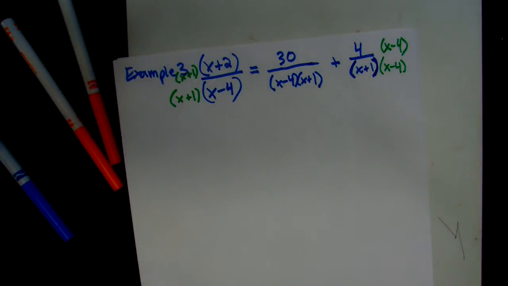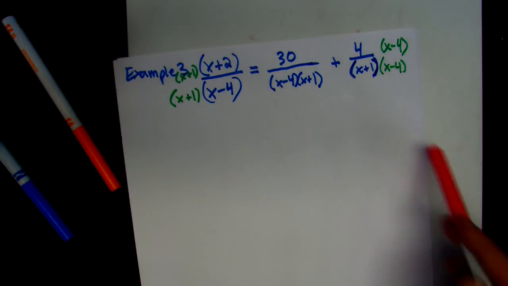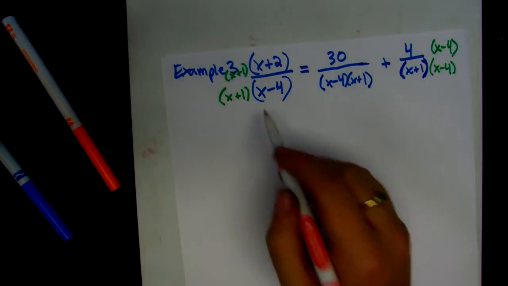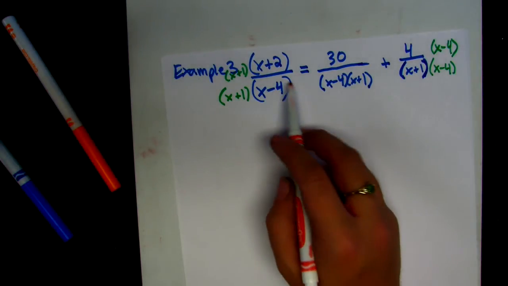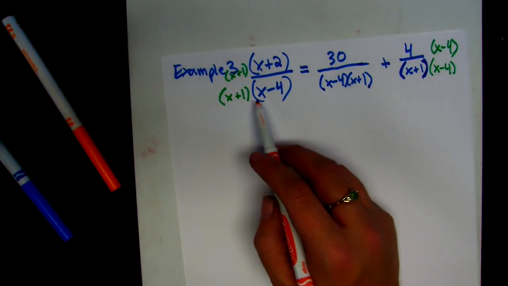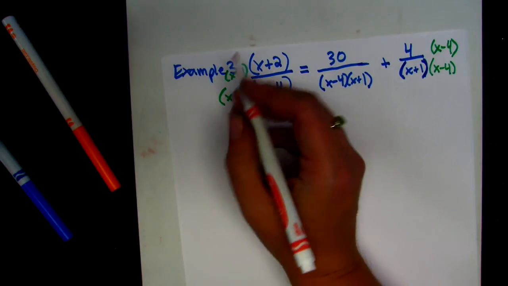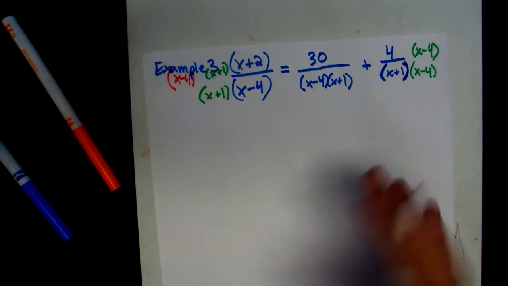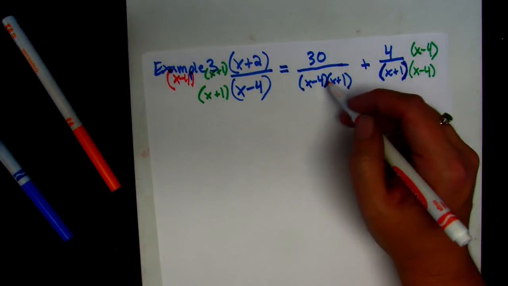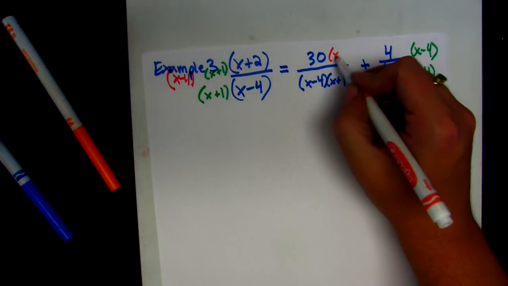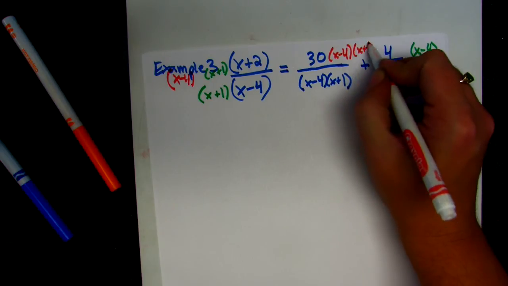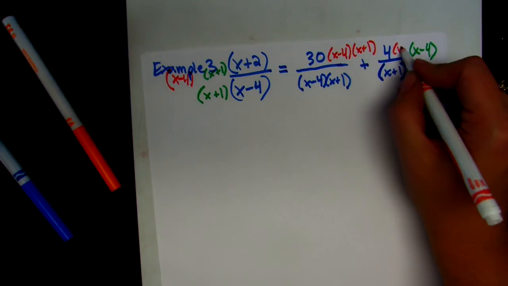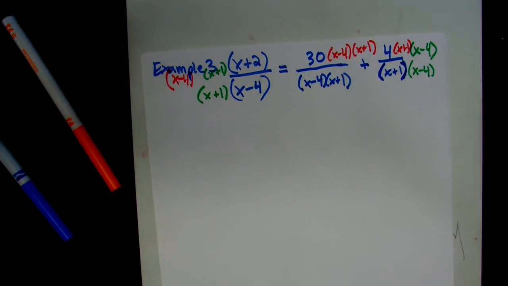So from here, notice that now that we have a common denominator, if we want everything to cancel out, we still need to multiply by an x minus 4, right? So we'd have to multiply x minus 4 here. Okay, and over here we had to multiply (x - 4)(x + 1). Okay, and then over here we would have to multiply by an x plus 1.